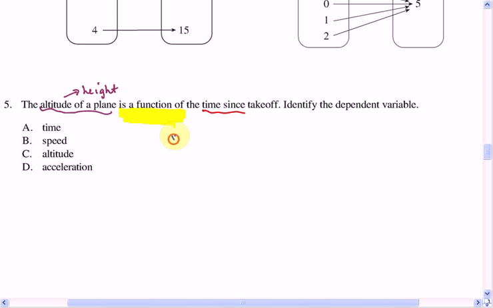In more general terms, we usually say y is a function of x. And when I say y and x, which one is your dependent variable? Dependent, of course, is the one that depends on something that you can actually control, which is the independent variable. So I believe, in this case, the y value is the dependent variable.